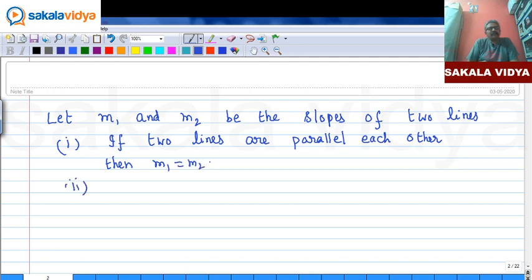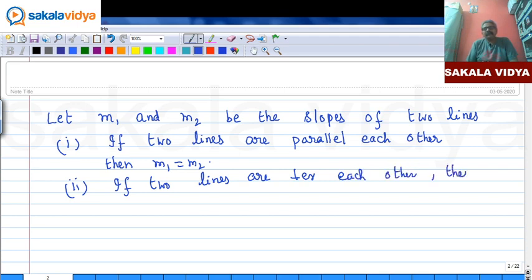For example, if two lines are perpendicular to each other, then the product of their slopes is equal to -1, m1 into m2 is equal to -1.